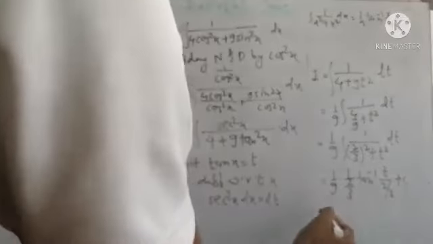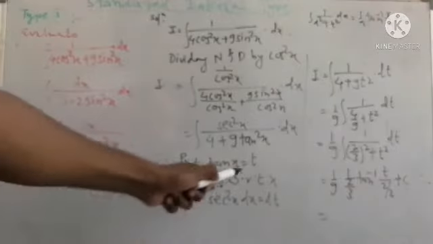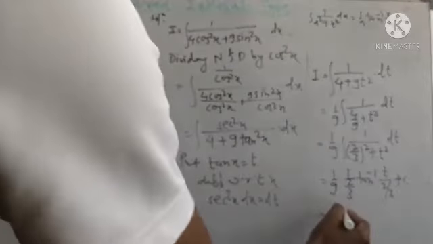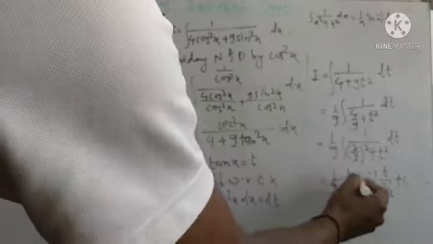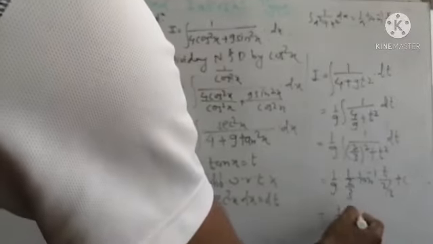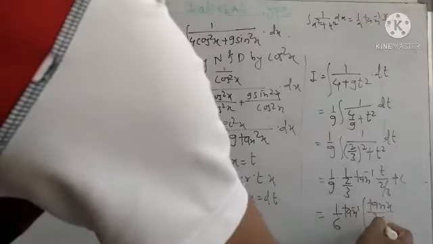Finally we resubstitute the value of t as tan x. So the answer will be, as 9 into 2 by 3 gives 6, 1 by 6 tan inverse of tan x divided by 2 by 3, plus c.